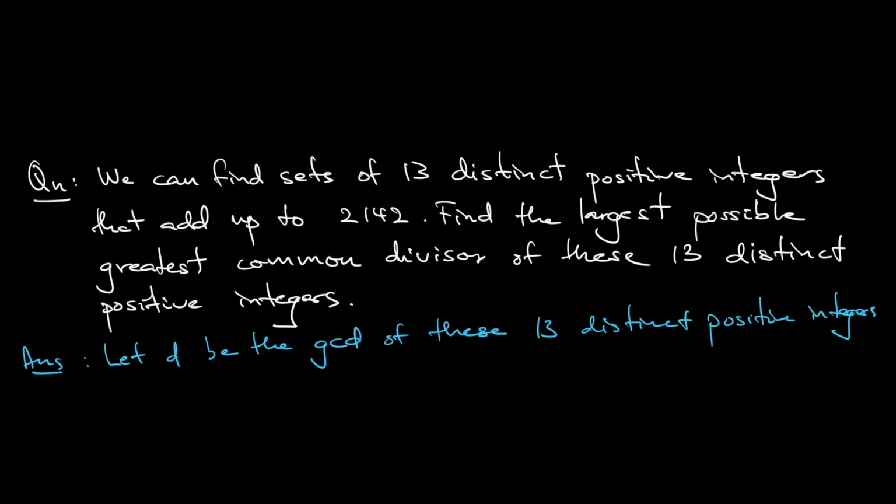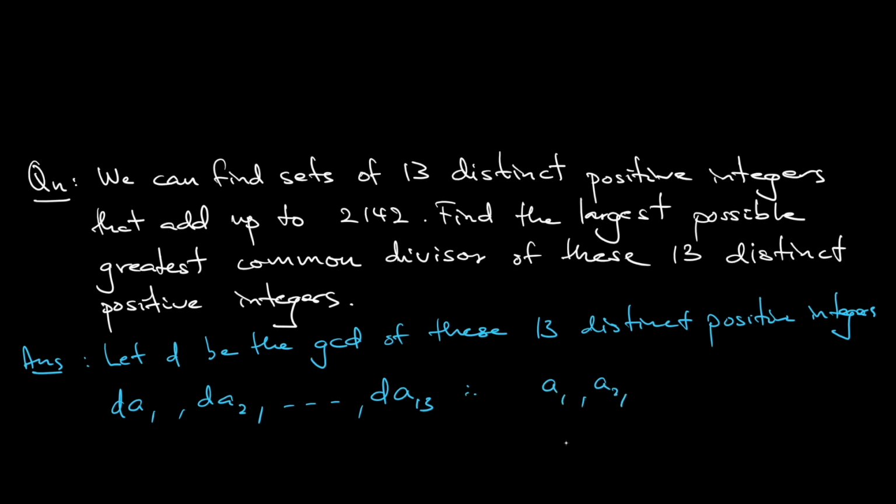That means that these 13 integers can be represented as DA1, DA2, all the way until DA13, because there's a common factor D, and D is the largest factor taken out.